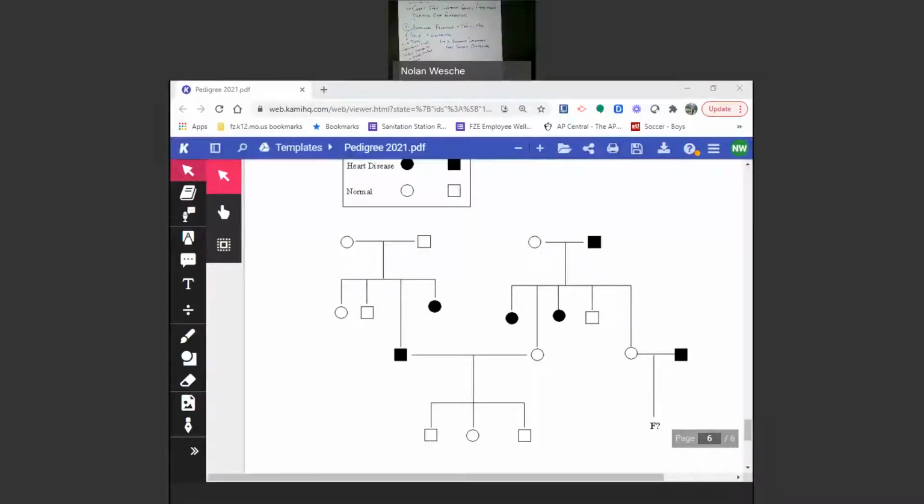So if we go back to this pedigree, here's that instance. 2 unshaded individuals in generation 2, 1 and 2, they're unshaded, yet they're having shaded offspring, individual Roman numeral 3, 2. So this piece right here would tell us that this is inherited in a recessive fashion. The fact that we have 2 unshaded individuals having shaded offspring.